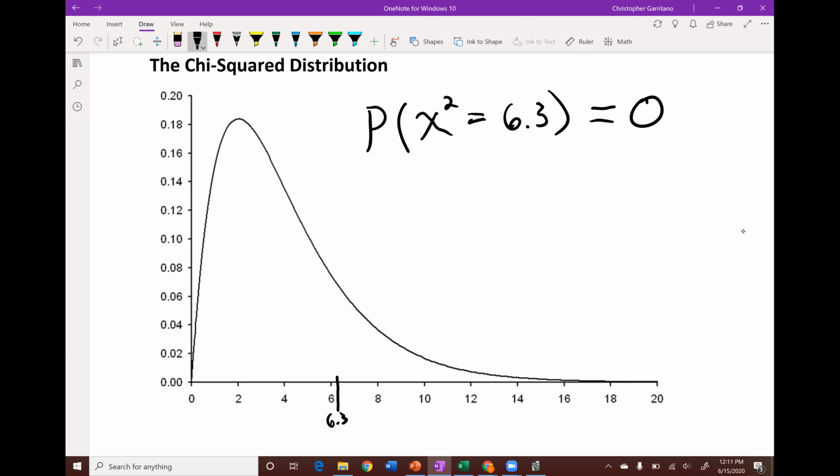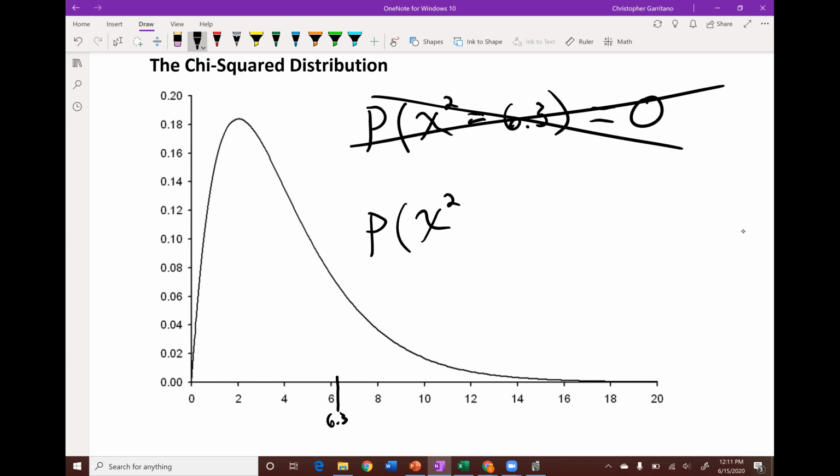All right, so this won't help us. Instead, we're going to ask, what's the probability of obtaining our test statistic of 6.3 or greater, or more extreme, right? That's always the question we ask: what is the probability of obtaining our observed sample or more extreme?